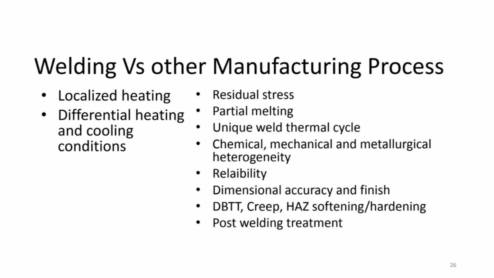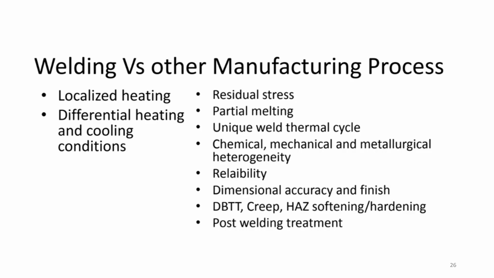In case of welding, you will be having localized heating, differential heating and cooling conditions, formation of residual stresses, partial melting, a unique weld thermal cycle, and chemical, mechanical, metallurgical heterogeneity in the weld part and the heat affected zones.